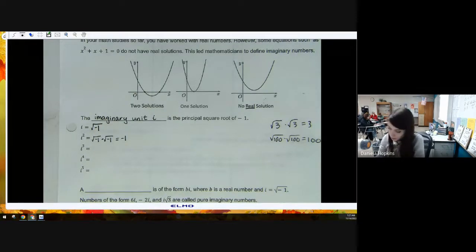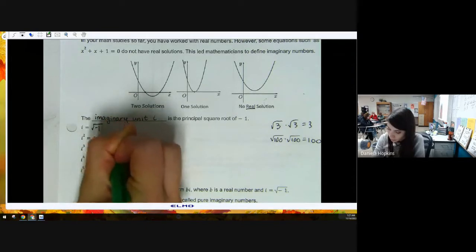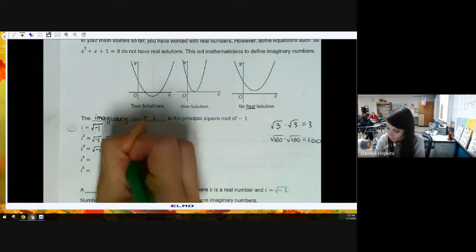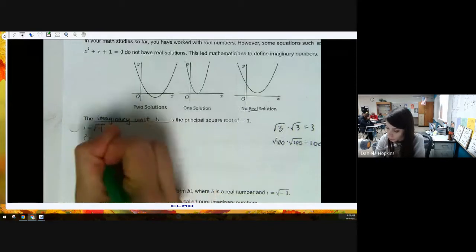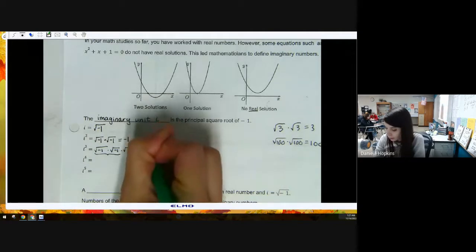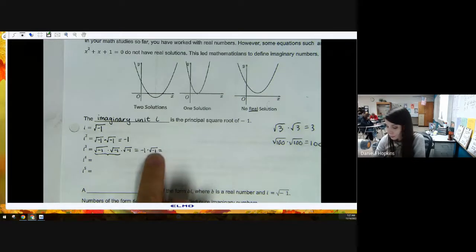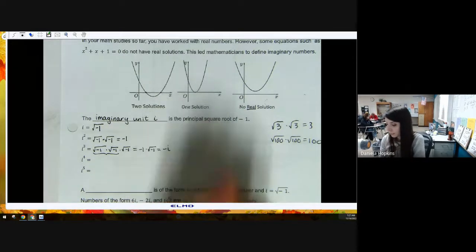I cubed, if you think of this as like the square root of -1 times the square root of -1 times the square root of -1. Well, we just said that 2 of these, right, is just -1 times the square root of -1. But the square root of -1 is I, so this is the same as -I.